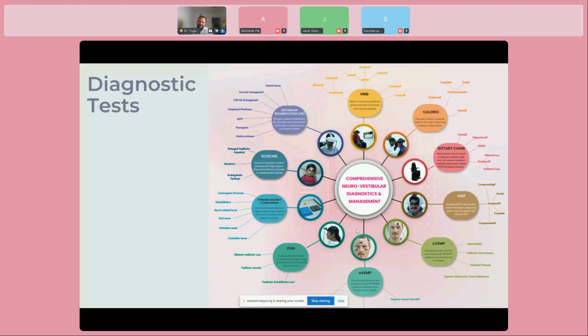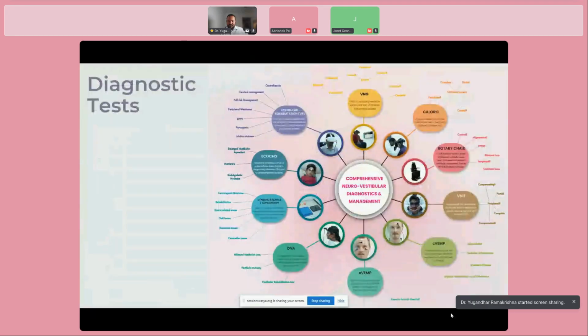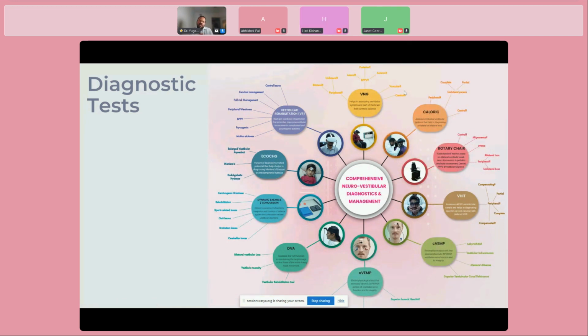VNG assesses probably your VOR system and some central system or a basic screening of vascular system. Again, as I was saying, VNG alone is not enough, right? So we know VNG does give some information, not complete information, on the VOR system, probably some vascular, some cervical.